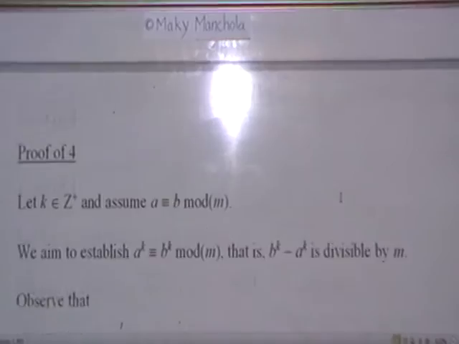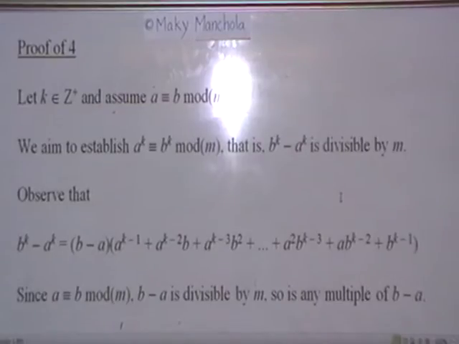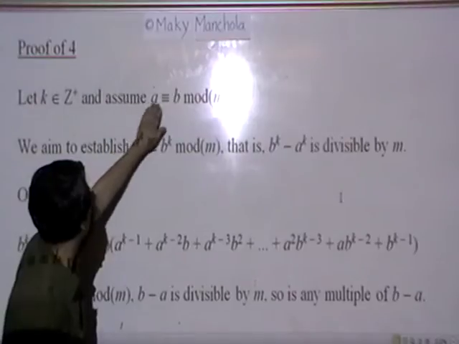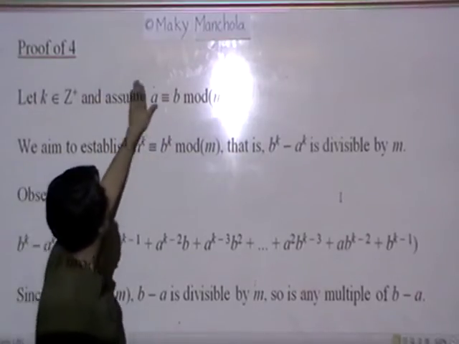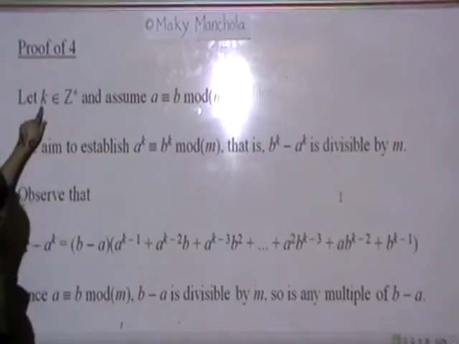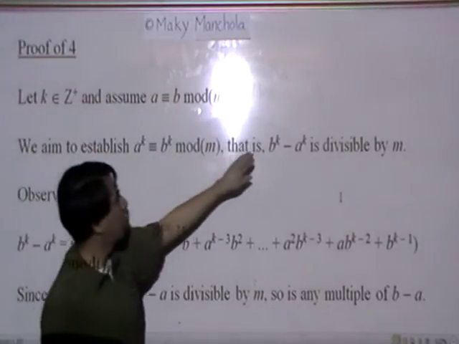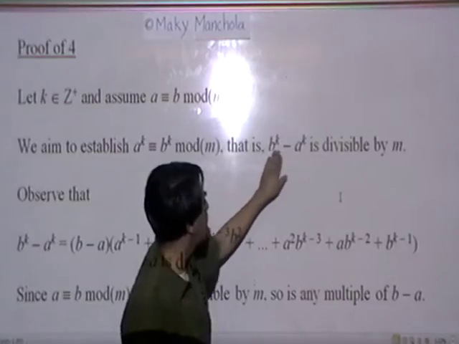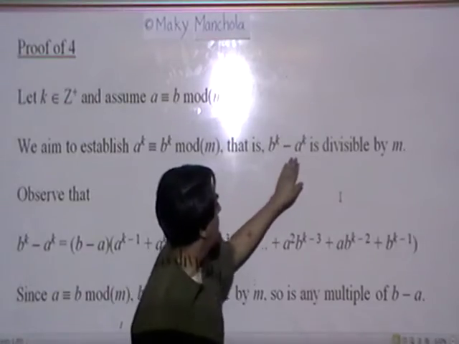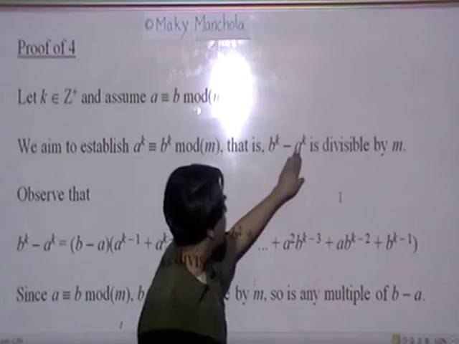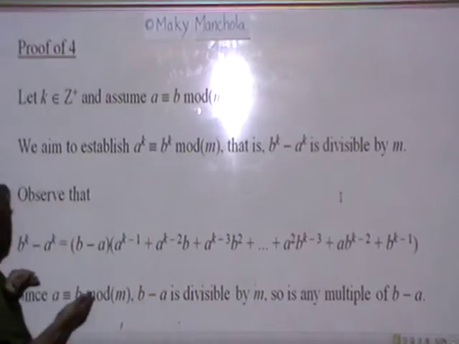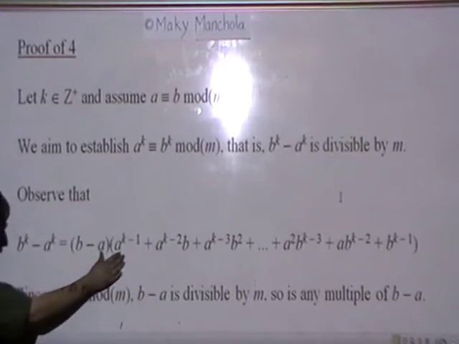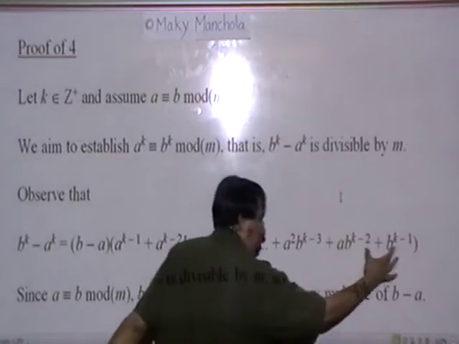Next, we dealt with property 4. The remark is that assuming our given condition a is congruent to b mod m with k a positive integer, we will accomplish proving that a to the k is congruent to b to the k by concluding that b to the k minus a to the k is divisible by m. So we employed our identity, b to the k minus a to the k is b minus a times this long polynomial.